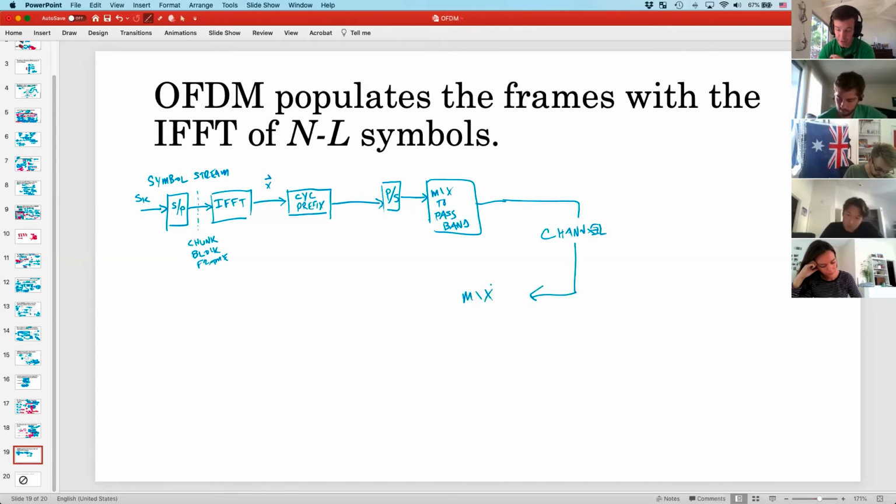Send it through whatever channel you're going to send it through, and then take the received signal and mix it back down to baseband.